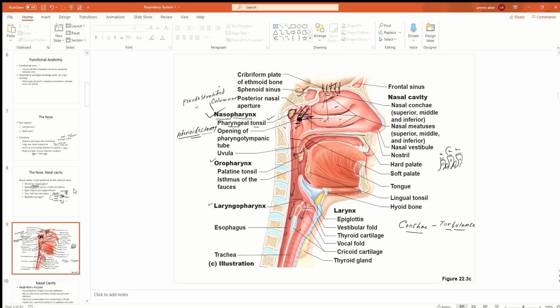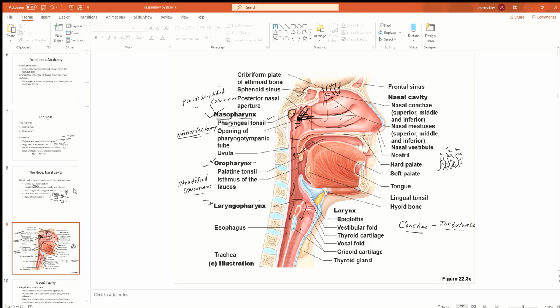Now let's see the oropharynx and laryngopharynx. Since these are also for the passage of food, the epithelial lining of these two is stratified squamous. Now remember, stratified squamous, as I mentioned before, has many layers of squamous cells to reduce the friction and protect your wall from friction.